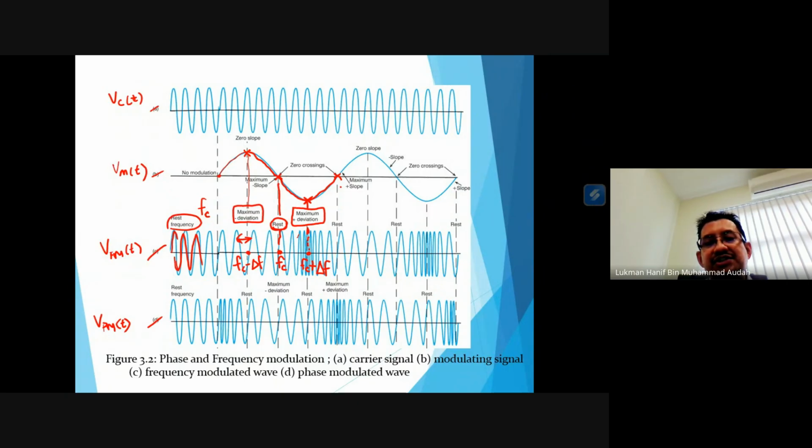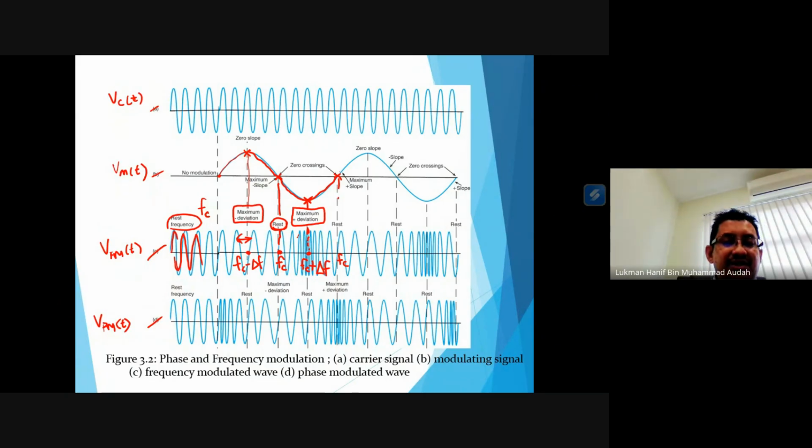At zero crossing, the output frequency would be at rest frequency, which is Fc. The signal will repeat the cycle again. So this is what happens for the FM signal.